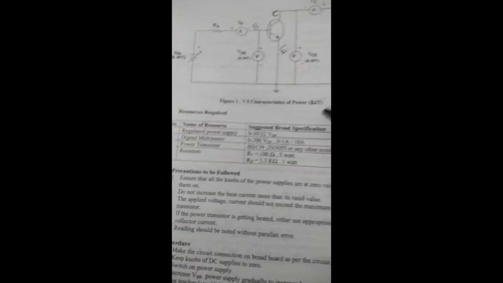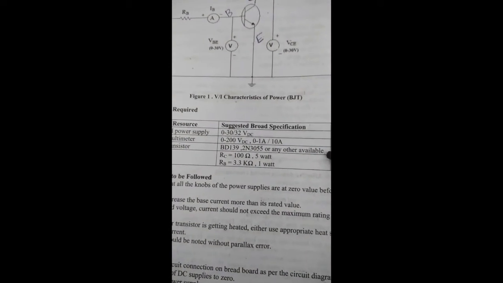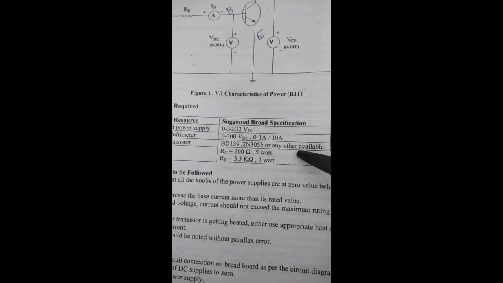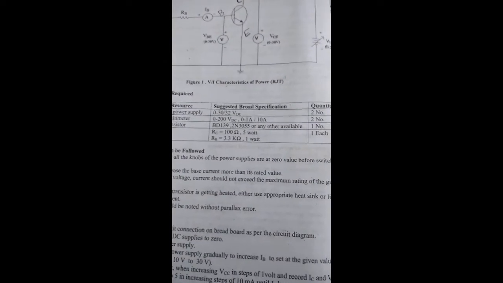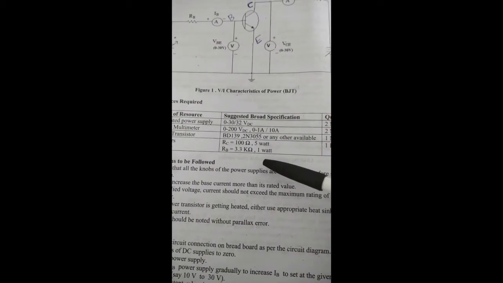It is BD139 power transistor or 2N3055 power transistor or any other suitable power transistor we can use. Resistors are 100 ohm, 5 watt, 3.3 kilo ohm and 1 watt.